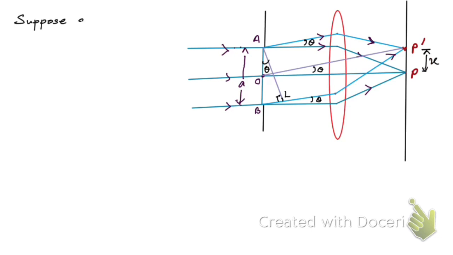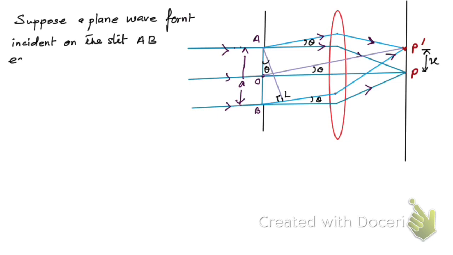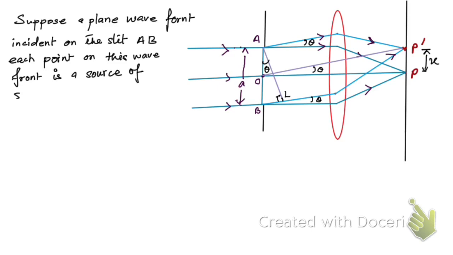Suppose, let me write that, okay, a plane wavefront is incident on the slit AB, and each point on this wavefront will be regarded as a source of secondary waves, right, according to Huygens principle.